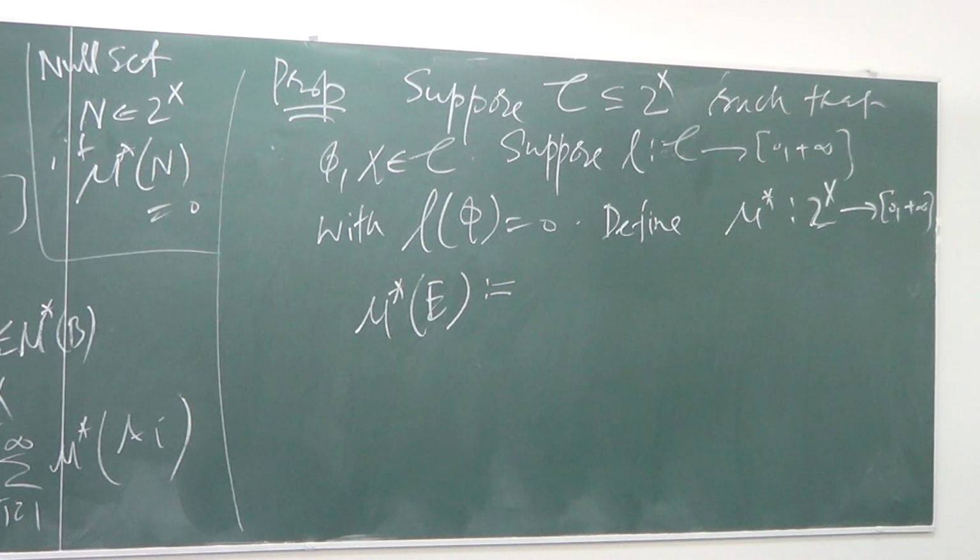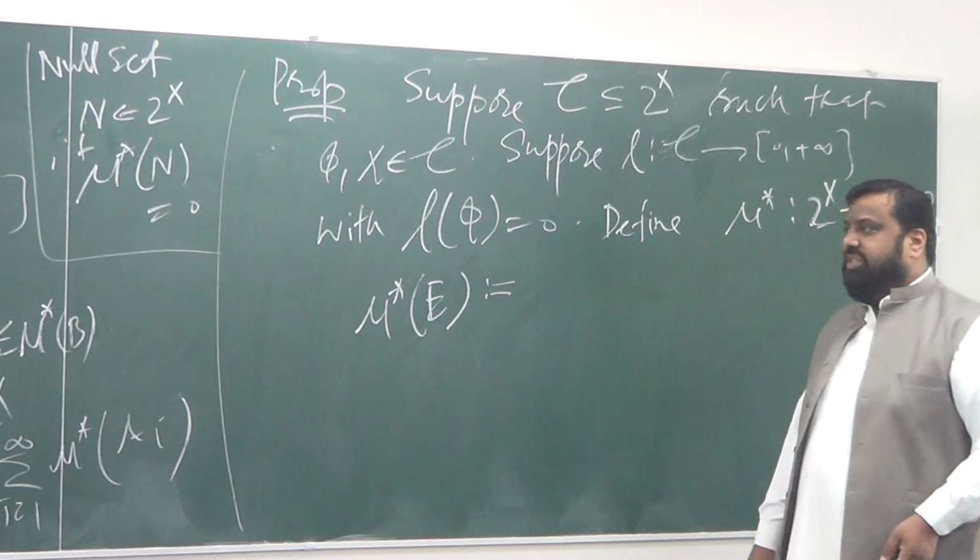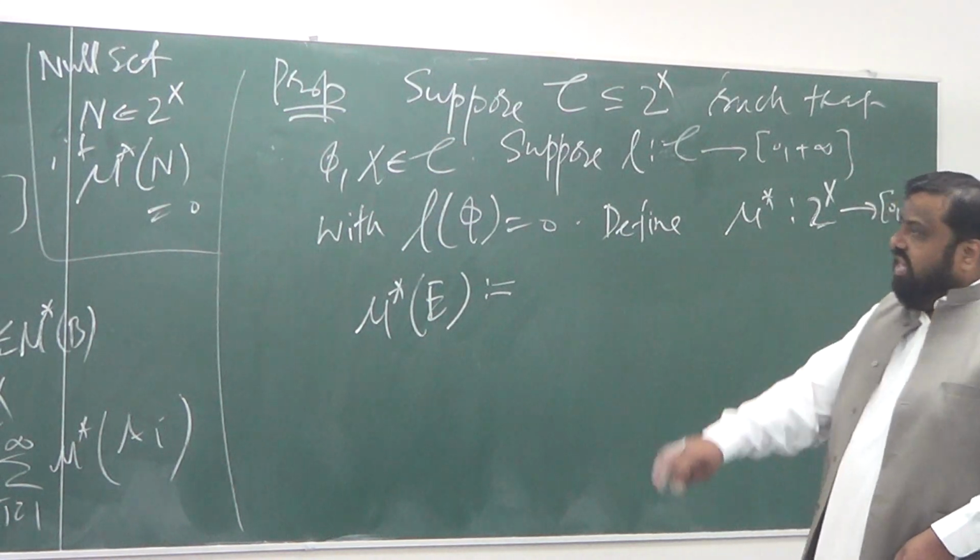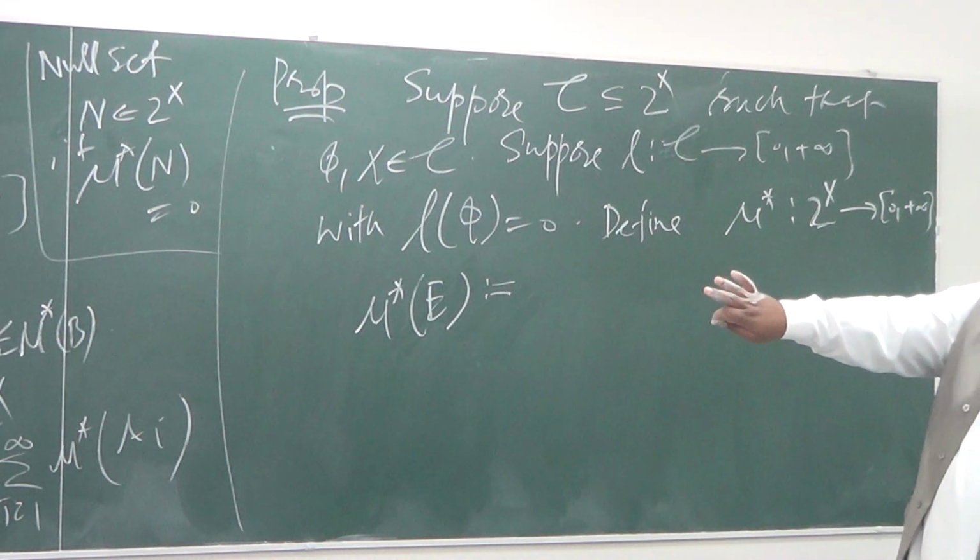That's what the intuition says: if E is in C, naturally this outer measure should give you the same as L. But if it is not in C, then what should be the definition? You can get some hint from what we already discussed.